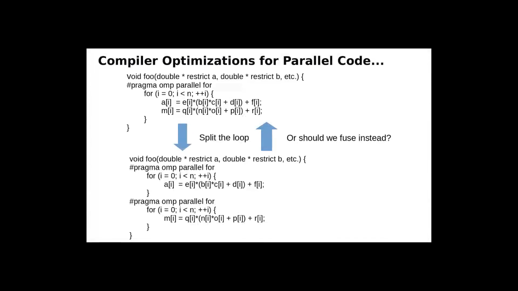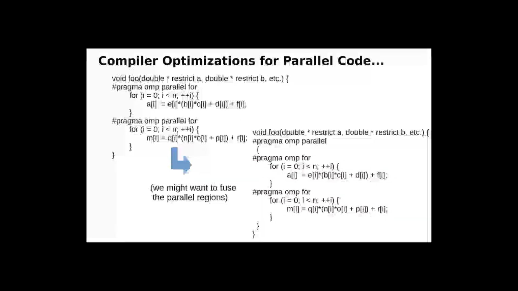There are various kinds of optimizations that a compiler might perform on parallel constructs. It might, for instance, want to split loops or fuse them together. It might want to do the same for kernels, splitting them apart or fusing them together in order to optimize for minimization of kernel launch overhead or to minimize register pressure and so on.